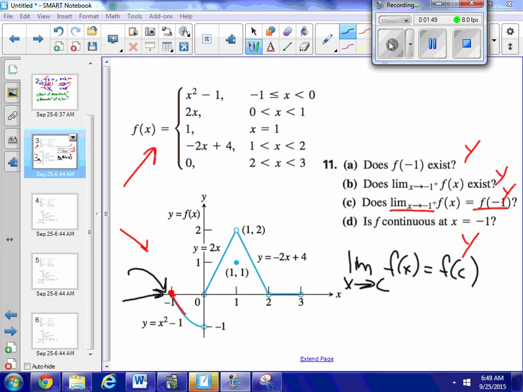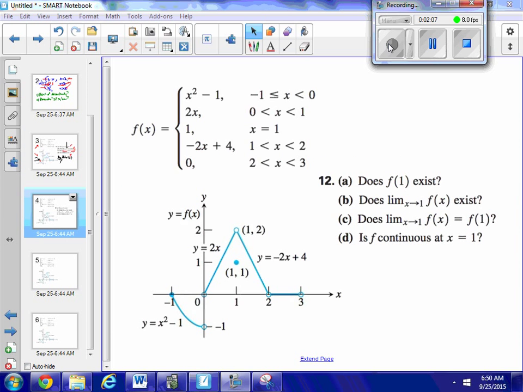But in this case, this would require a two-sided limit, and because it is an endpoint, we have a special rule that says, since it's a left endpoint, it only has to be continuous as it's approaching from the positive side.